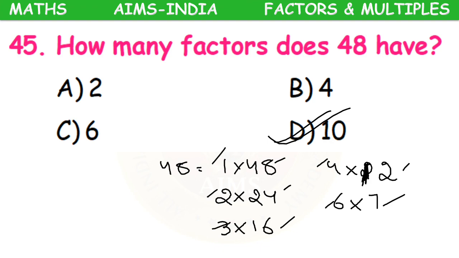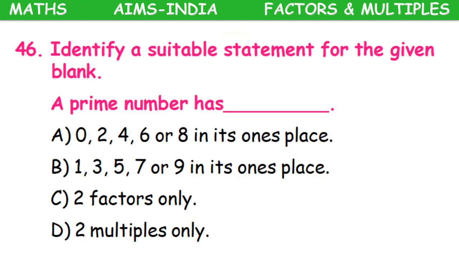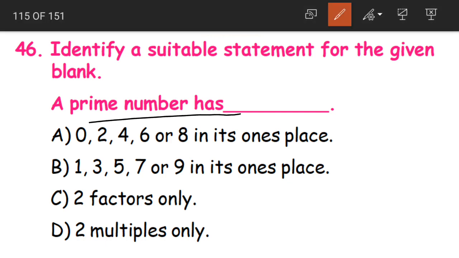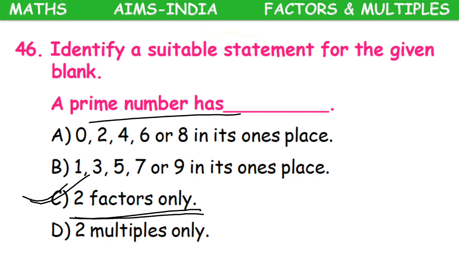Yes. Next question, 46. Identify a suitable statement for the given blank. A prime number has dash. What does a prime number has, children? A prime number has only 2 factors. So option C, only 2 factors, becomes our correct answer.